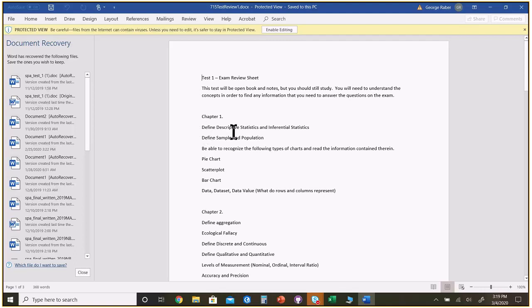Okay, so in chapter 1, we need to make the distinction between descriptive statistics and inferential statistics. These are both defined in chapter 1 in the reading. Now we know a whole lot more about these. Inferential statistics are those statistics that are used to make a decision about a sample.